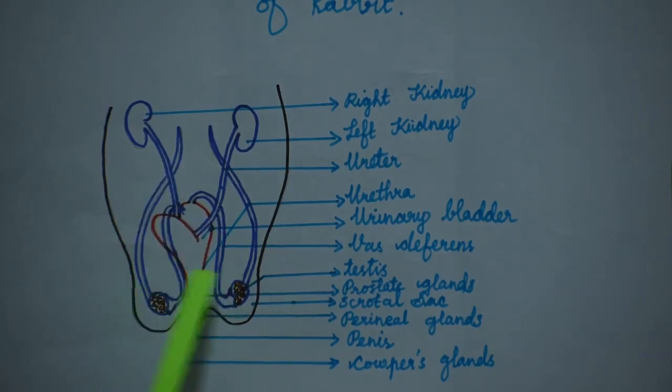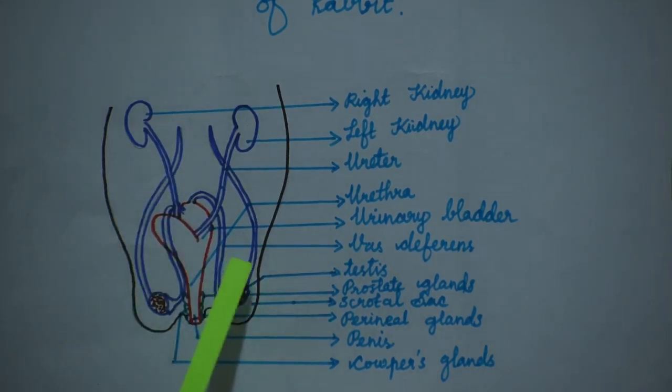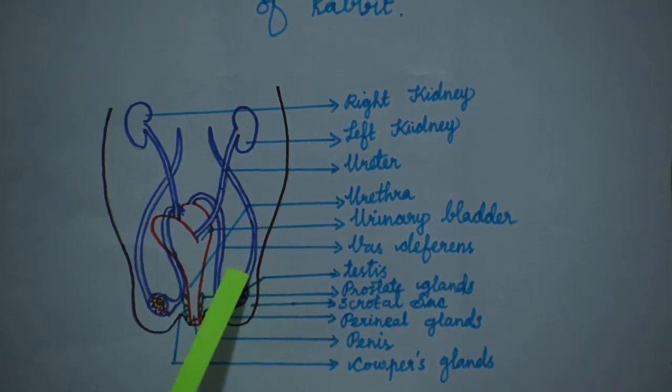Male reproductive system of rabbit consists of a pair of testes, oval in shape, covered by a sac called scrotal sac, and inner to the testis a network of tubules called seminiferous tubules. The seminiferous tubules form coiled tubules called epididymis.